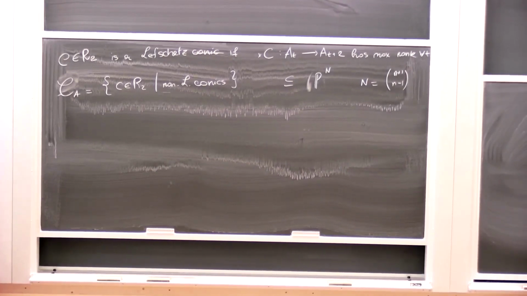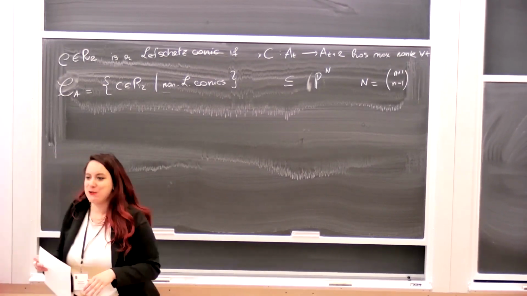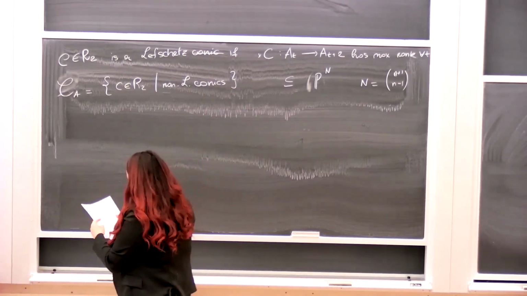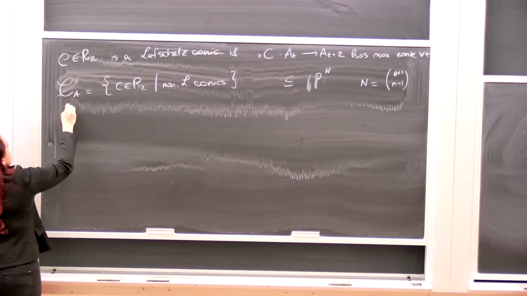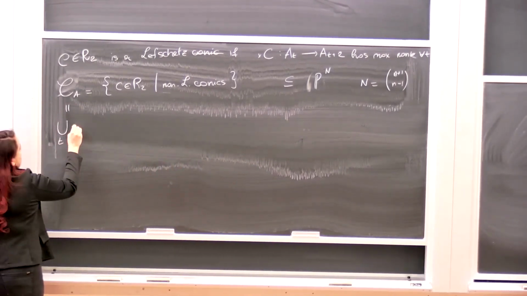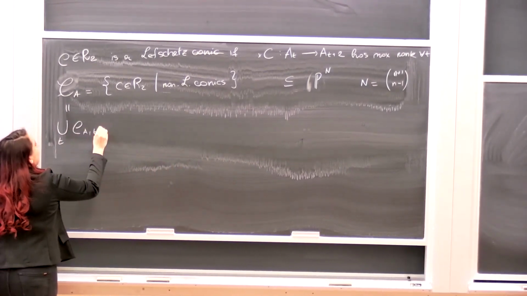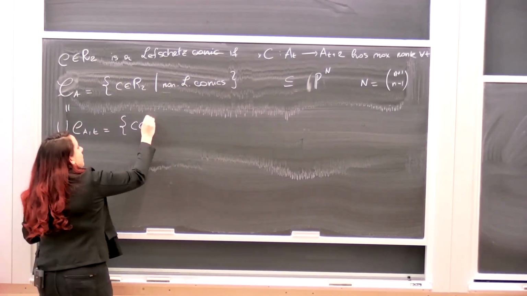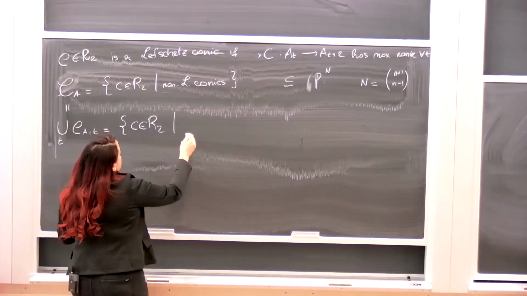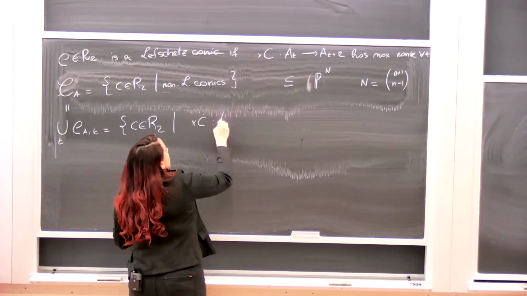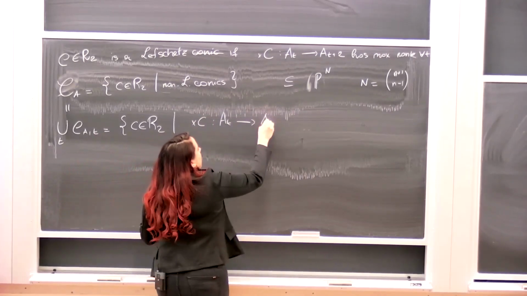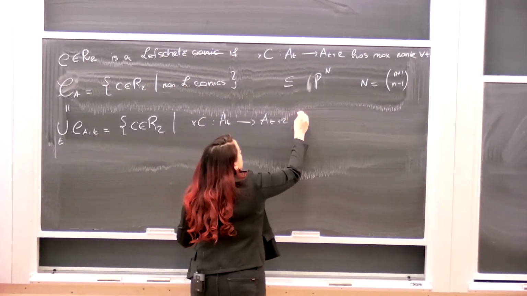The same thing I will do for this case. I'm working with a homogeneous polynomial of degree 2. So you can see this as the union over T of the C of degree 2 such that the multiplication between AT and AT plus 2 does not have maximum rank.